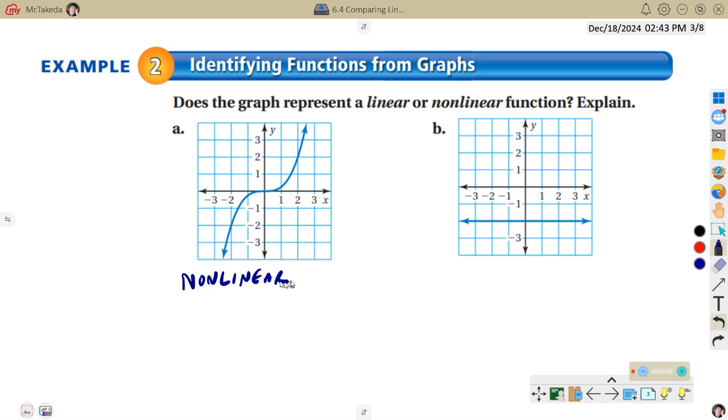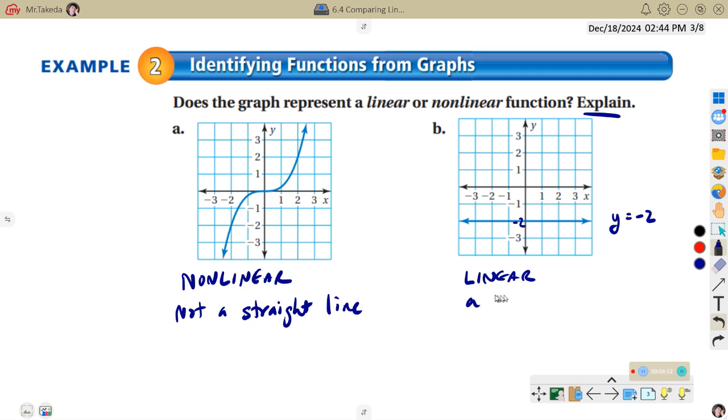It says, explain: not a straight line. For B, we have this horizontal line going through y at -2. Y equals -2. This is a linear function. Explain why: this graph is a straight line.